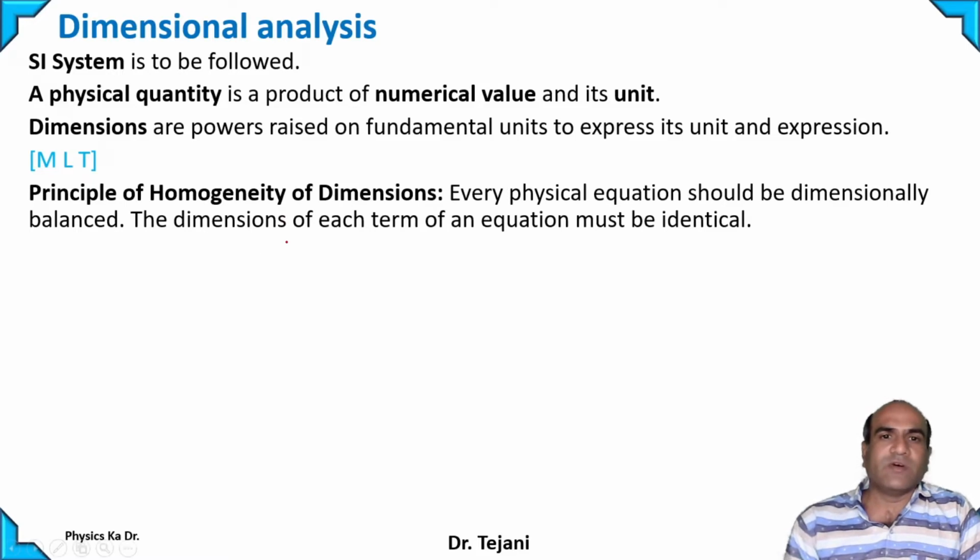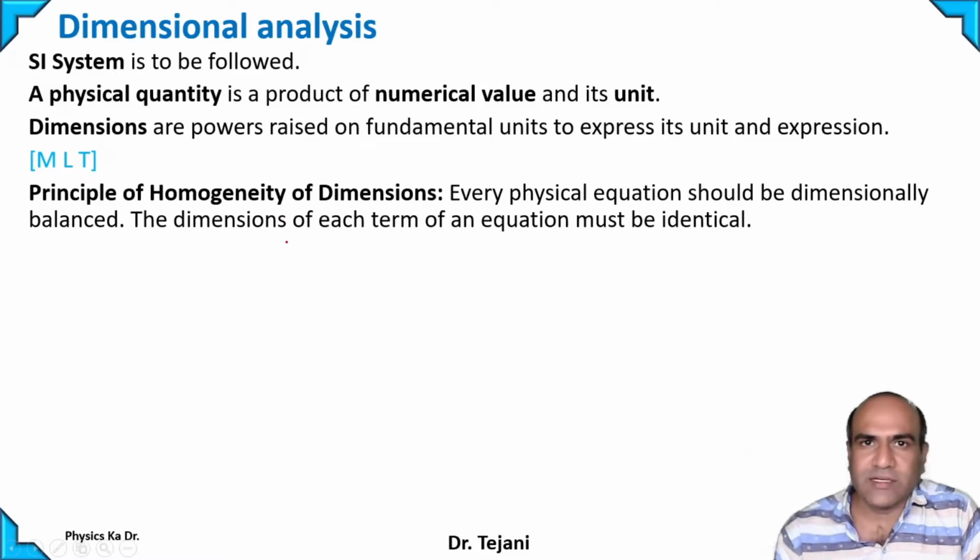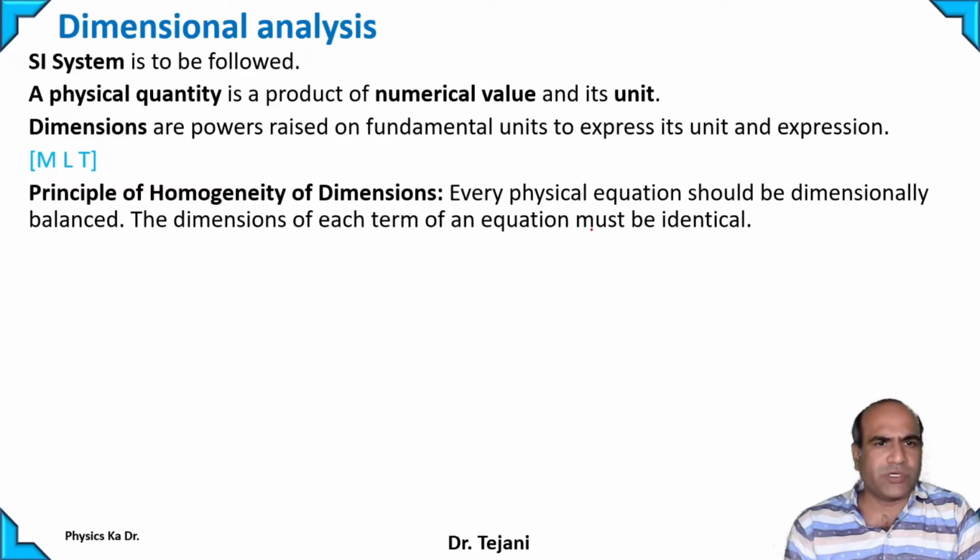Next is the principle of homogeneity of dimensions, right? Different rules are mentioned for the homogeneity of dimensions. So what it says is every physical equation should be dimensionally balanced. That means the left hand side must be equal to the right hand side. So what's new with this?